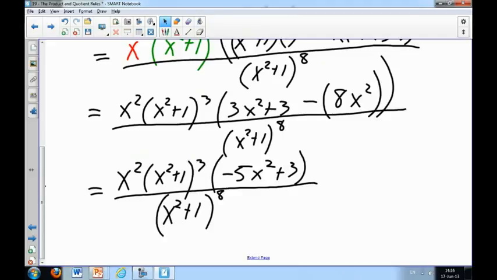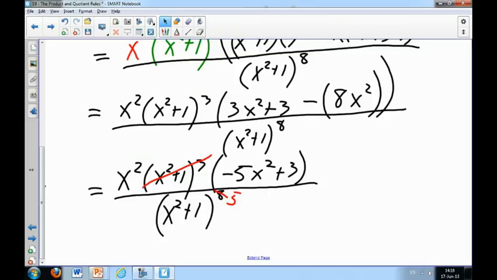So let's get rid of that. We realize when we're dividing, we can subtract the exponents. So there's 3 on the top, 8 on the bottom, all 3 of them disappear, and this one will become 5.